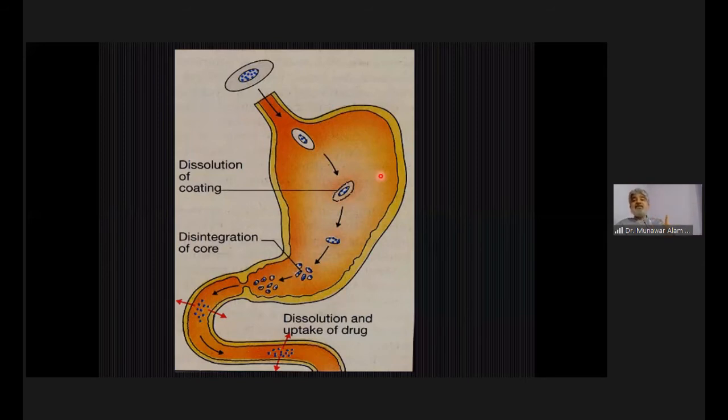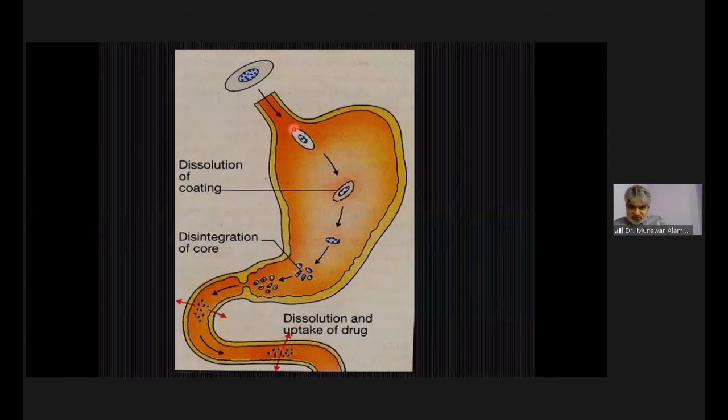You have to take one tablet daily. If we take Aspirin daily, it definitely causes GIT problems because it disturbs everything inside the GIT. It causes gastritis and peptic ulcer. So we use these coated tablets.